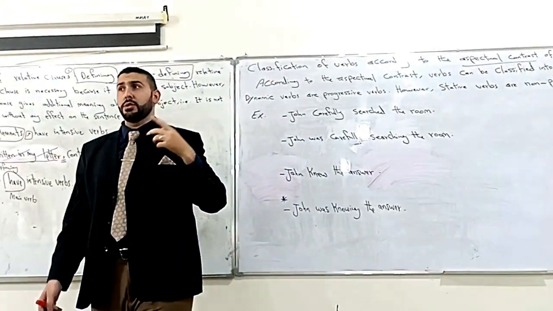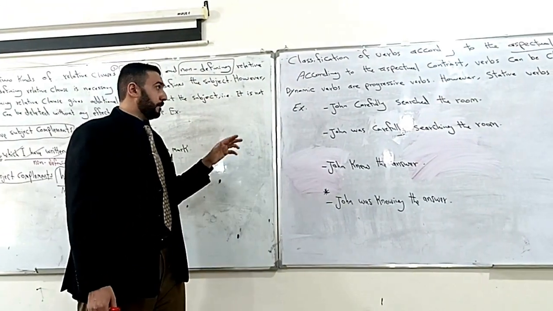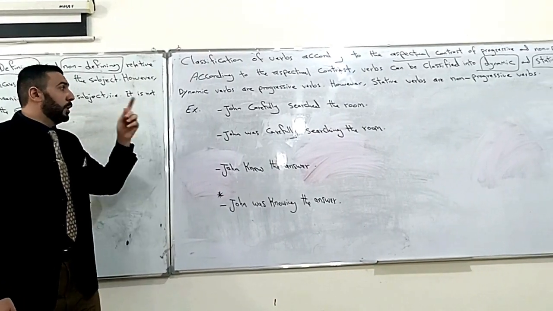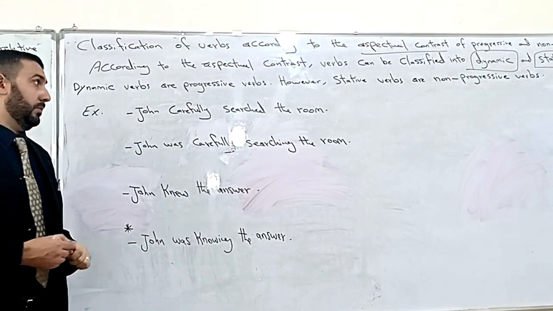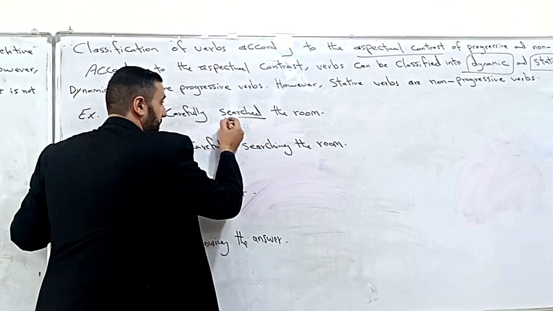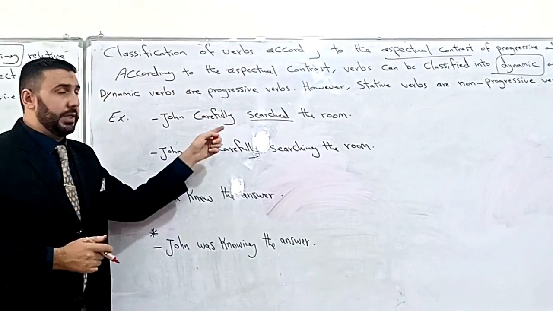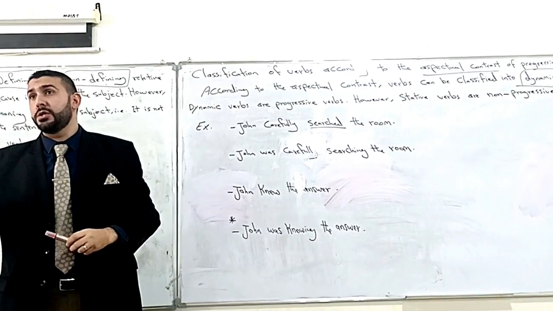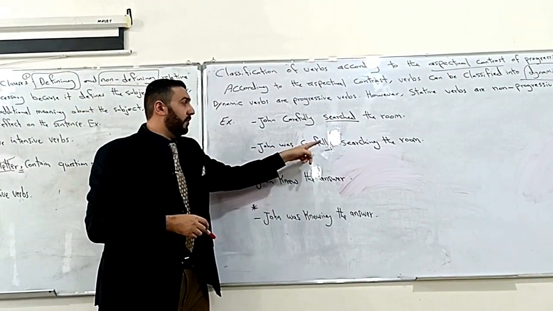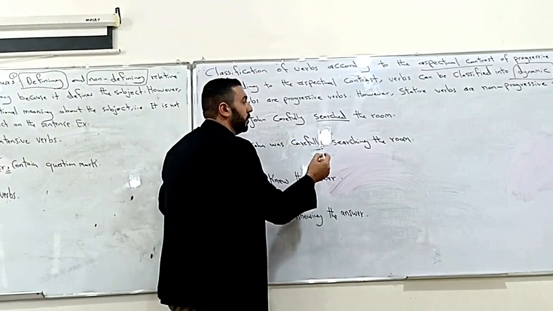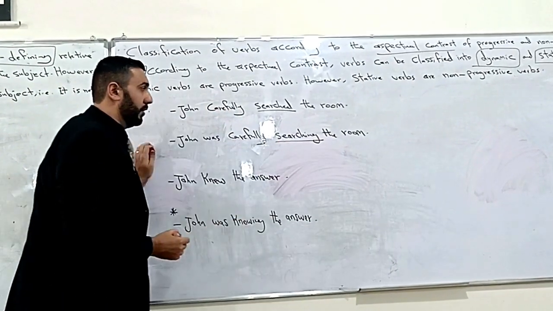So please pay attention to these two examples. In the first example, John carefully searched the room. So here we have the verb search. When we change it into the past continuous tense, it will be John was carefully searching the room.